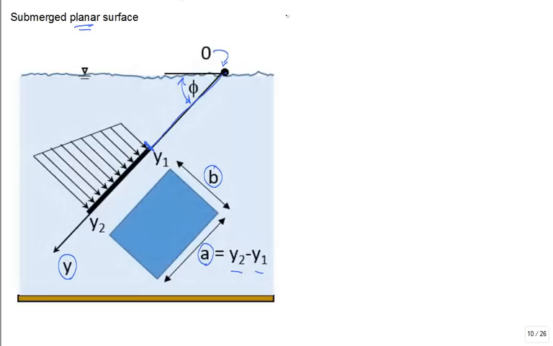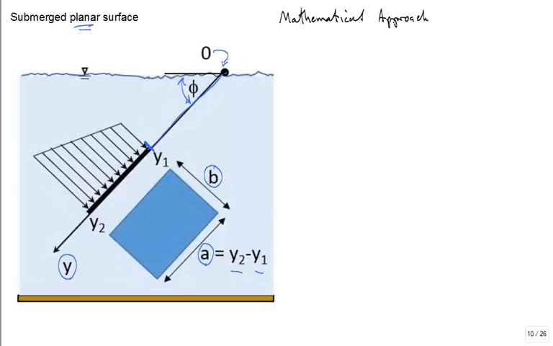Now, I'm going to take the mathematical approach. What I was avoiding doing before, I'm going to do now for the more complicated case. And then you can always apply the more mathematical case to a planar surface which is vertical, or a planar surface that is horizontal.